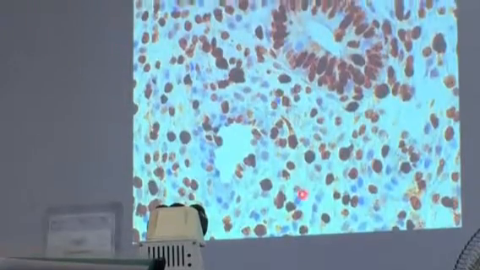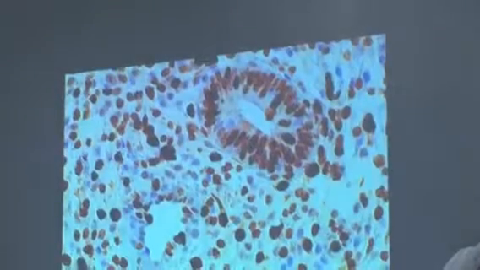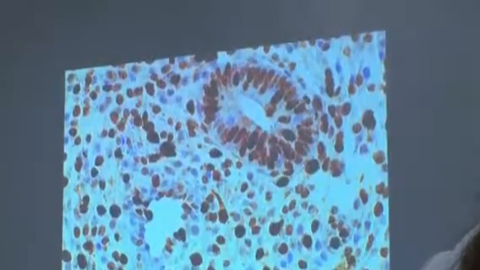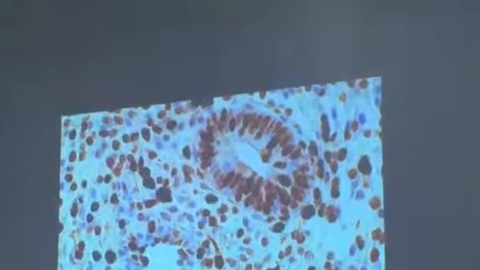Again, the stroma has very little cytoplasm, so the nuclei are close together. Now let's go to secretory.